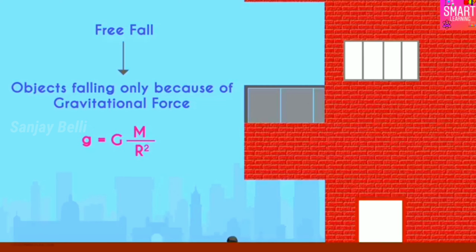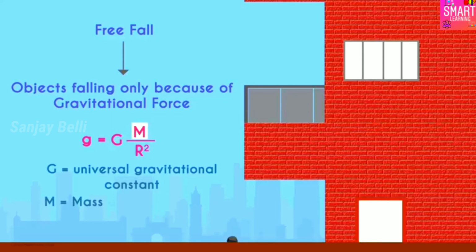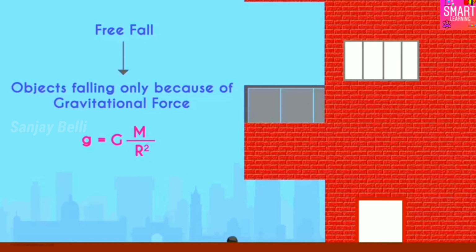Uppercase G is the universal gravitational constant, M is the mass of the earth, and R is the radius of the earth. So for the specific case of objects close to the earth, we get the value of g as 9.8 meter per second square. But do you know what's interesting?